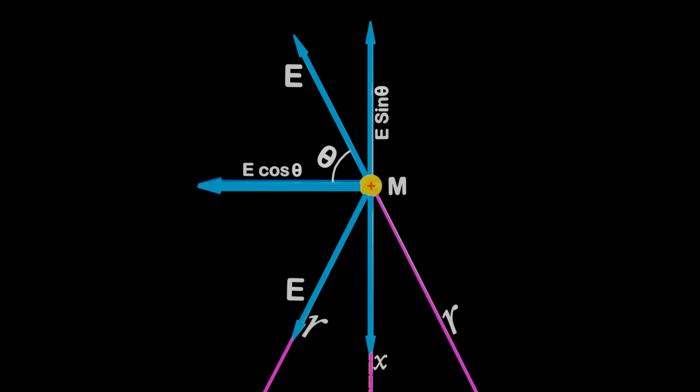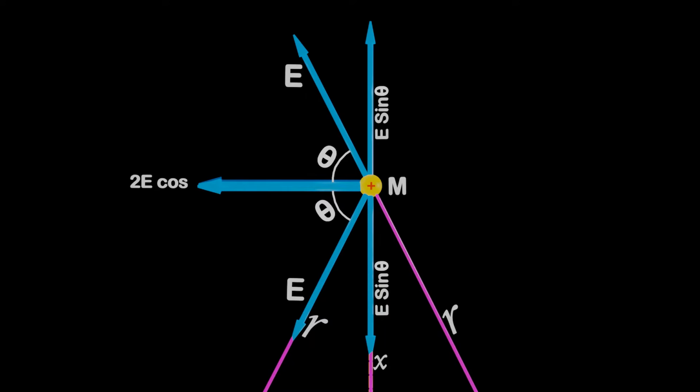By using alternate interior angles, we can deduce that the angle between the electric field E due to the negative charge and the horizontal component will also be theta. Thus, we have vertical component E sin theta and horizontal component E cos theta. Here we observe that the horizontal components overlap and can be added, resulting in 2E cos theta.